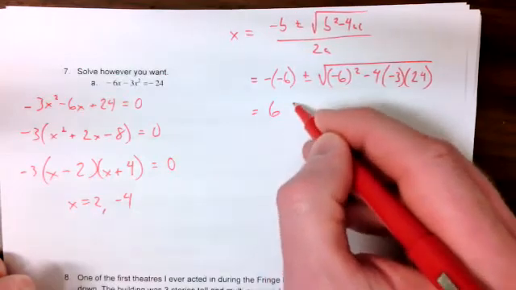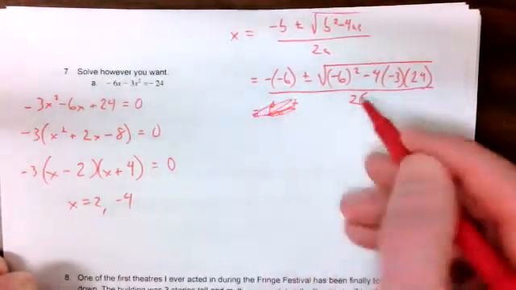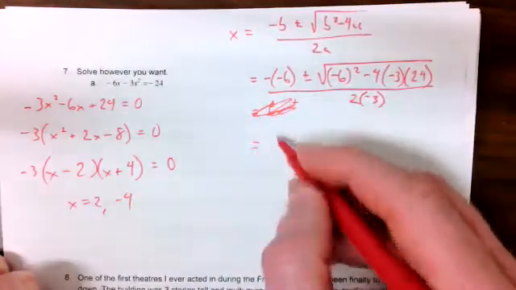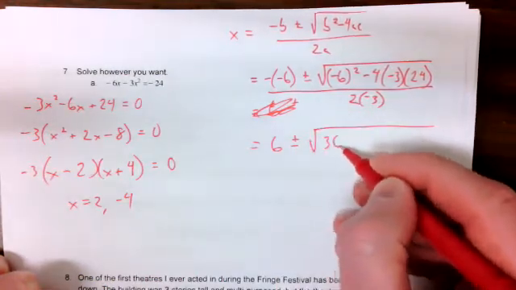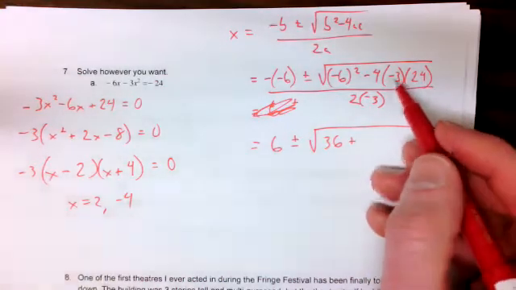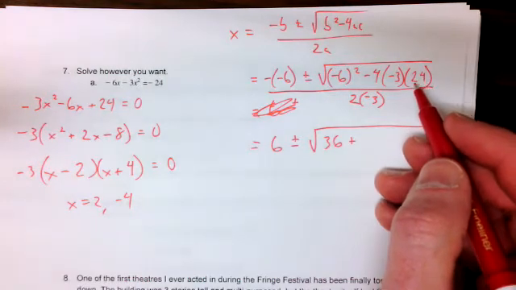Negative times negative is a positive. Whoa, mama, all over 2a. Let's keep some space. A is negative 3. 6 plus or minus the root of 36 plus 12 times 24, or 3 times 24. What is that, 72?